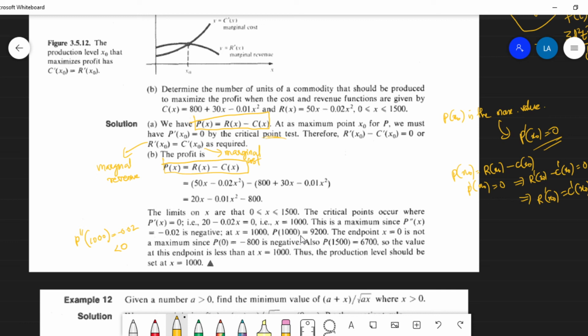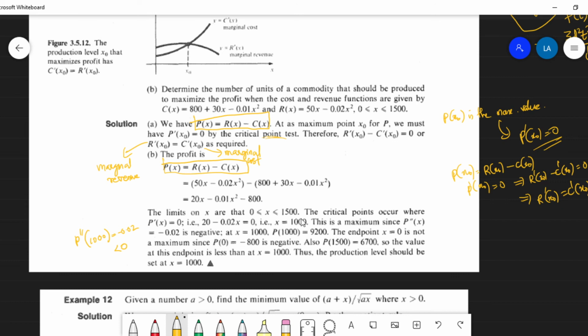So then you find P of 1000. Putting x is equal to 1000 here and simplifying, you get that to be equal to 9200. And you have to check the same at the end points, because 0 is less than or equal to x less than or equal to 1500.